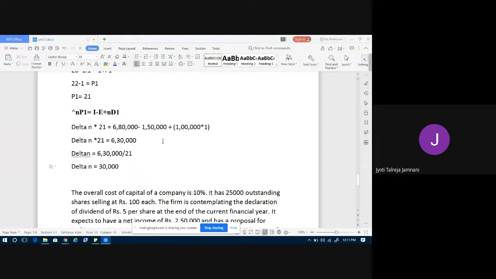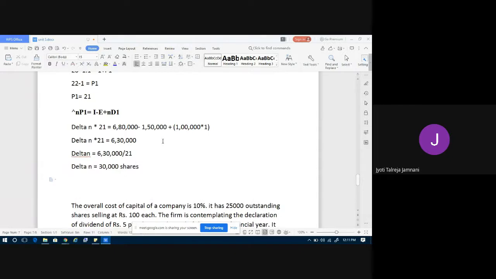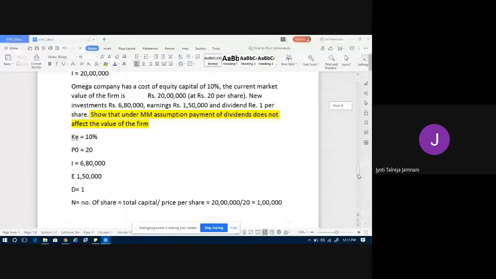These are the number of shares that we find. Now that we know the new number of shares and we know the price, we can find the value of the firm. So the third formula for the value, we will copy it down.